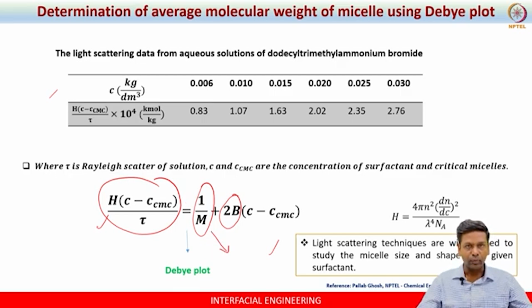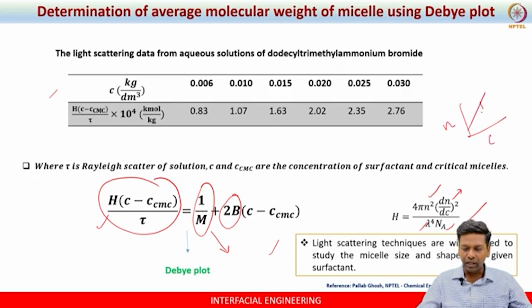This is actually proposed by Debye, and it is popularly called the Debye plot. You can obtain this from the light scattering data, and this H is actually a constant which is a function of the refractive index, wavelength, and Avogadro number. This quantity, that is dn by dC, one can obtain if you construct the graph of n versus concentration.